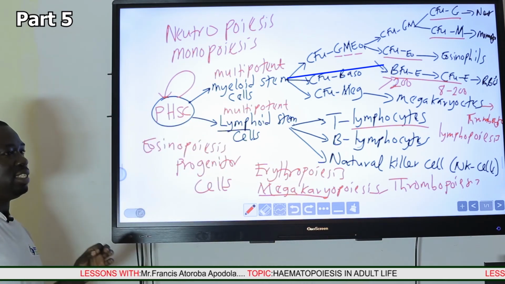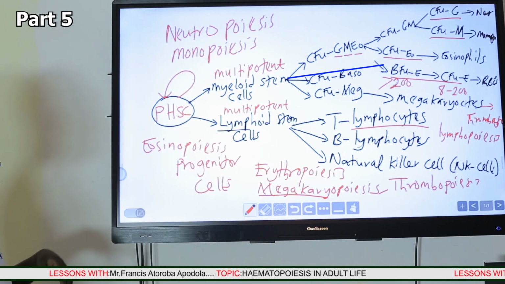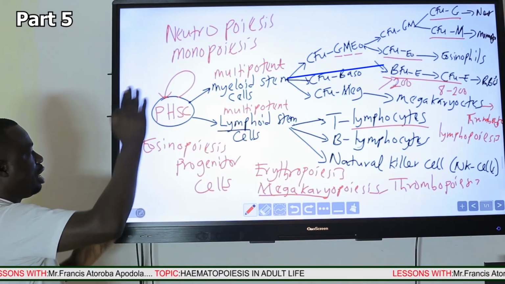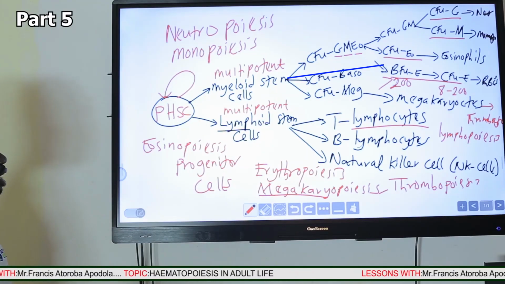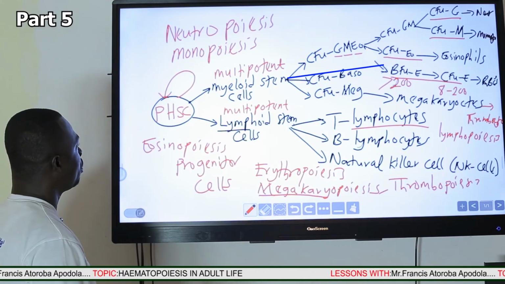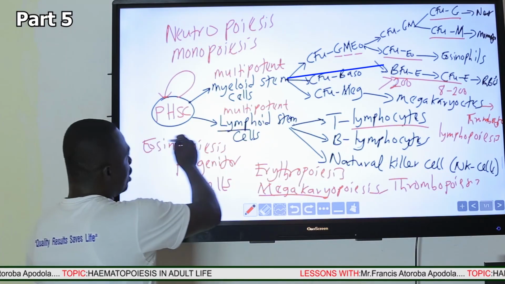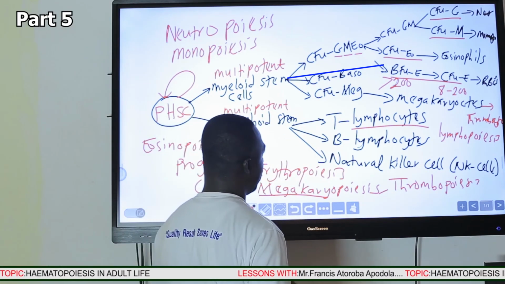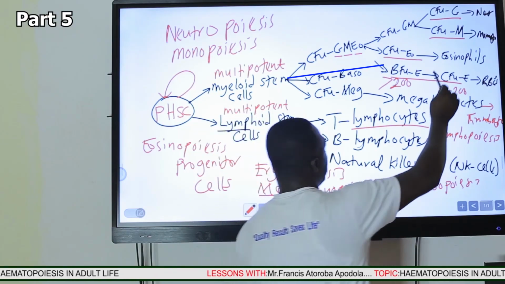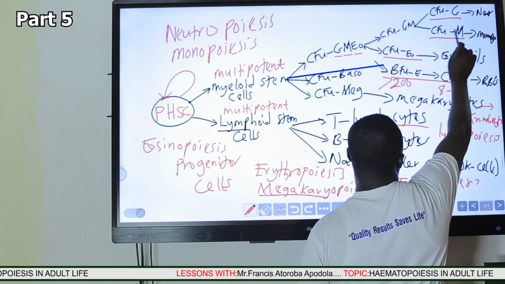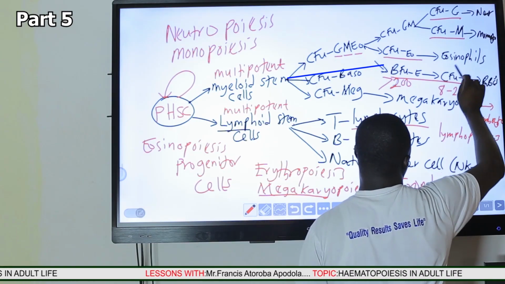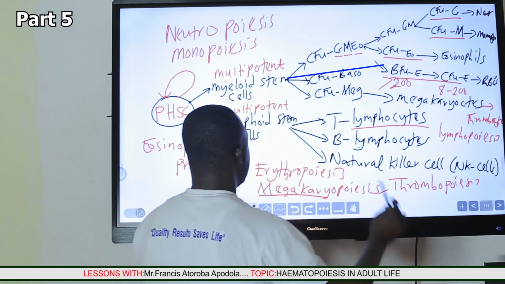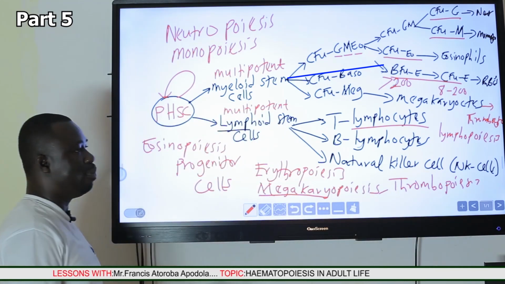So basically these are the terminologies that are used when it comes to the production of these terminally differentiated cells. Now, all these stages that I have indicated, right from the pluripotent hematopoietic stem cells up to the respective colony forming unit G, colony forming unit M, colony forming unit erythroid, colony forming unit megakaryocytes, are all happening inside the bone marrow.